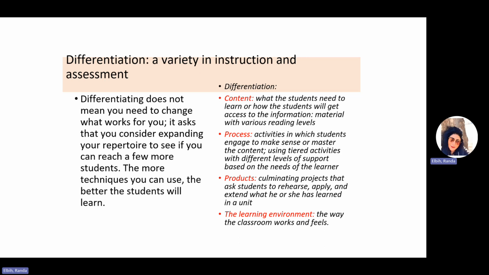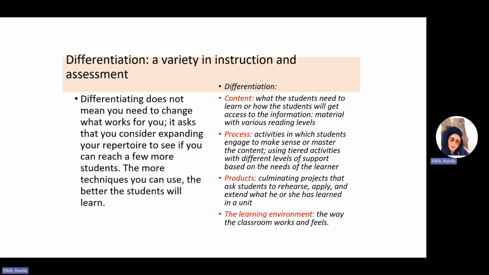So you can differentiate by content, and this means what students need to learn or how the students will get access to the information or material with various reading levels. And we'll give examples in a minute, okay? By process, activities in which students engage to make sense or master the content using tiered activities with different levels of support based on the needs of the learner.